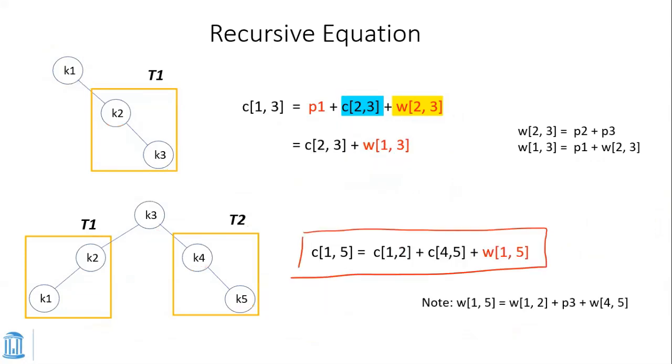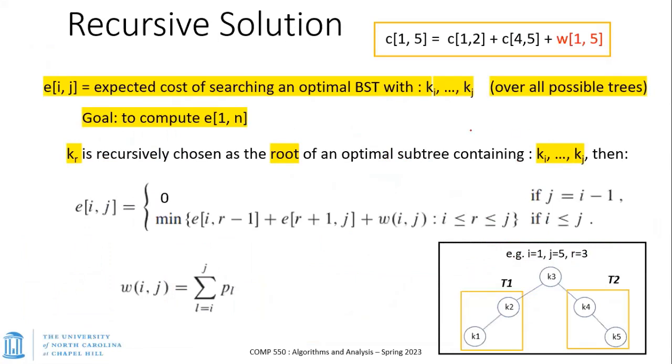So if you've understood this, now we're going to write the more general equation, which is almost the equation given in the book, and hopefully you can see where this is coming from. Instead of C's, I'm going to write E's.